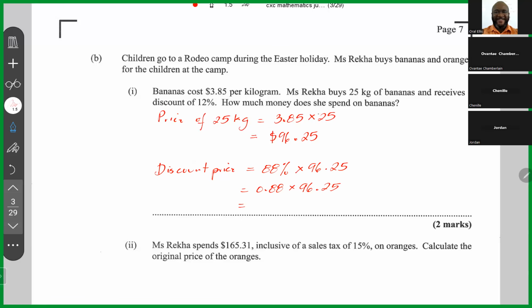The final answer here is $84.70. So a 12% discount means that you only pay 88% of the total cost, and 88% of the $96.25 is $84.70.